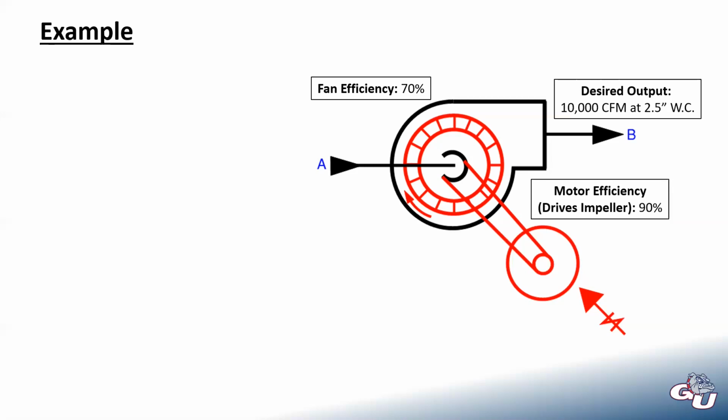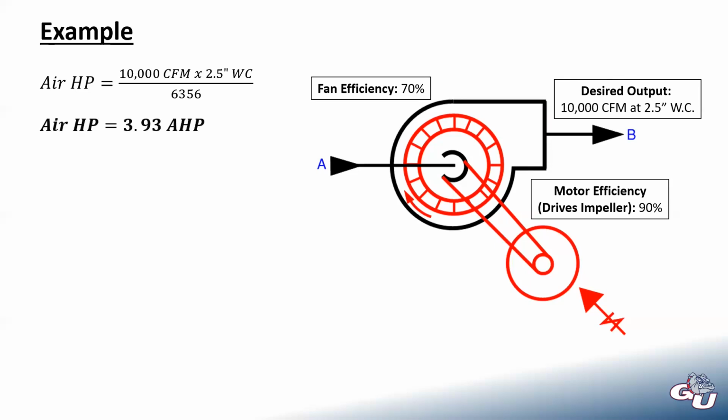And now let's calculate each of our horsepower metrics. So the air horsepower, that is simply based on airflow and static pressure. That's it. So you calculate that, and it's 3.93 air horsepower. So that's the useful output. That is what we are ultimately getting out of this thing.